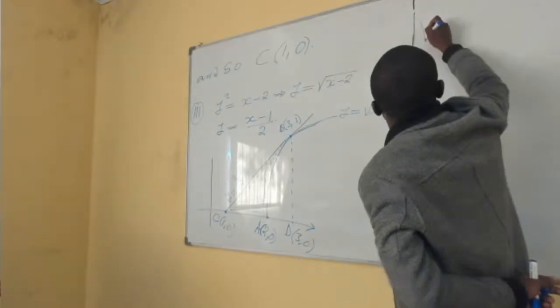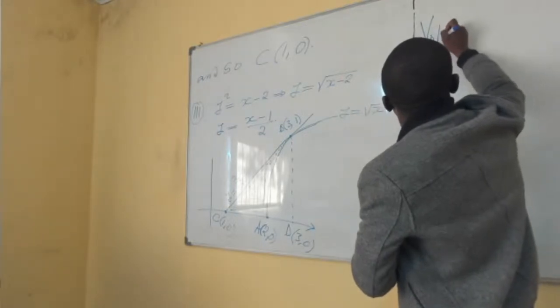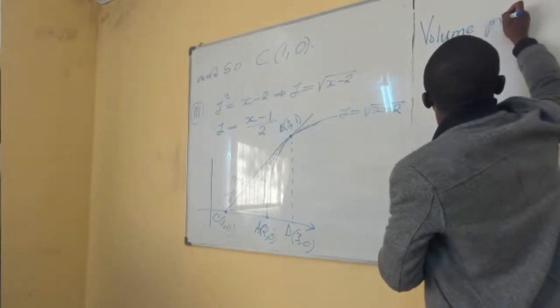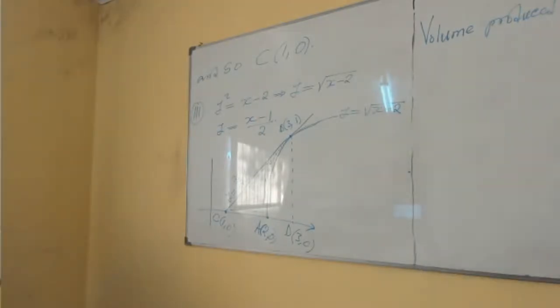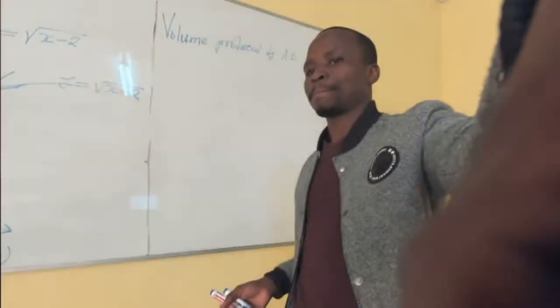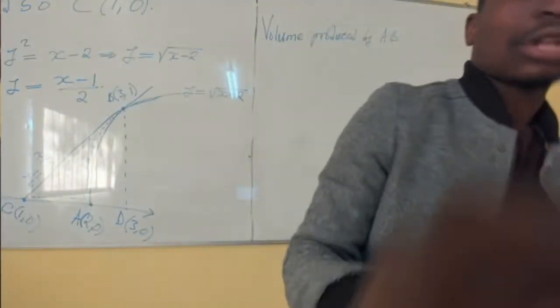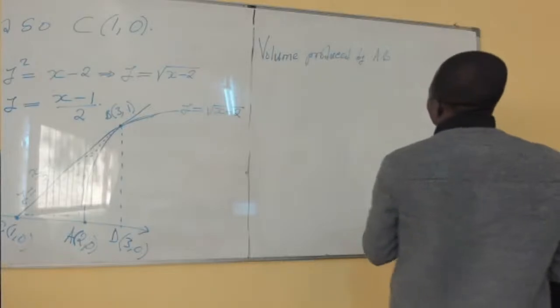So we start by finding the volume produced by the curve AB.